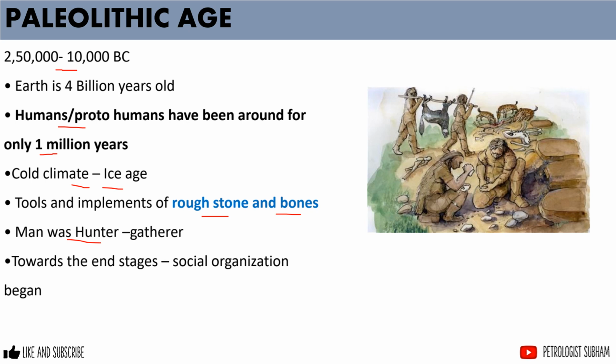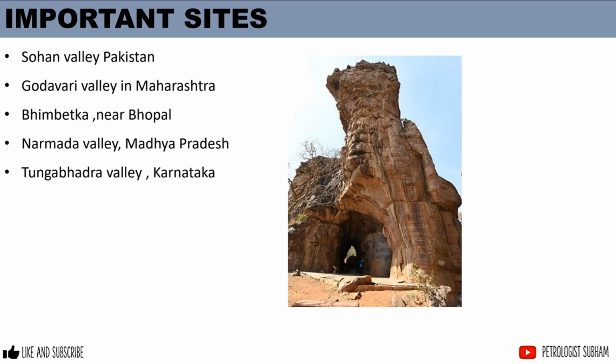It was towards the end stages, when hunter-gathering was ending and social organization began, because slowly people were getting into language systems. People were developing languages during that period at the end of the Paleolithic. Okay, even sounds were language for them.